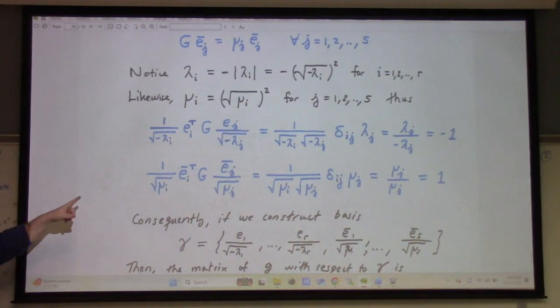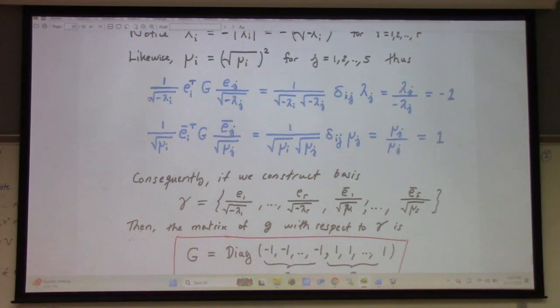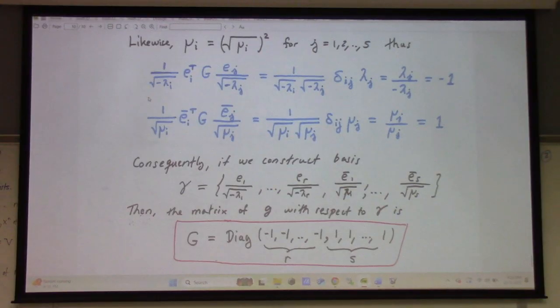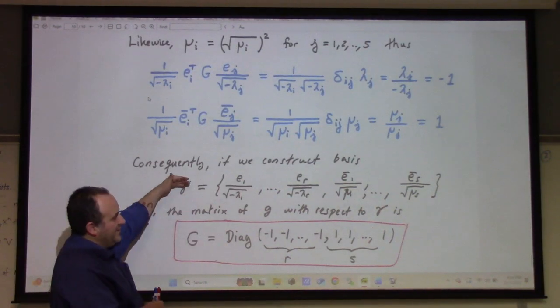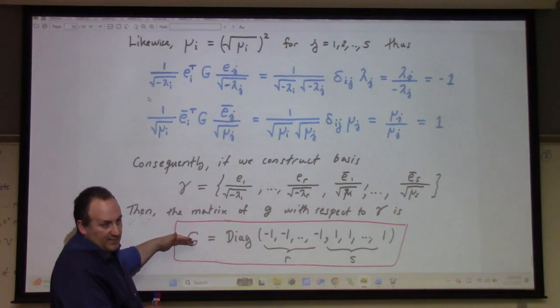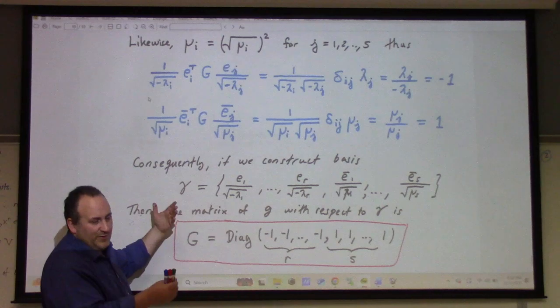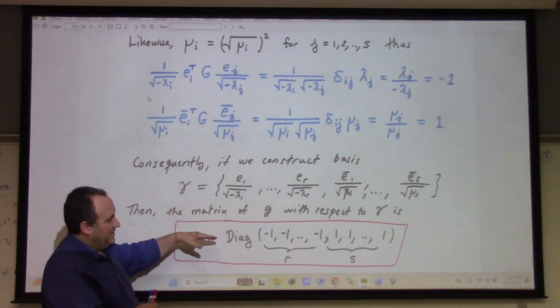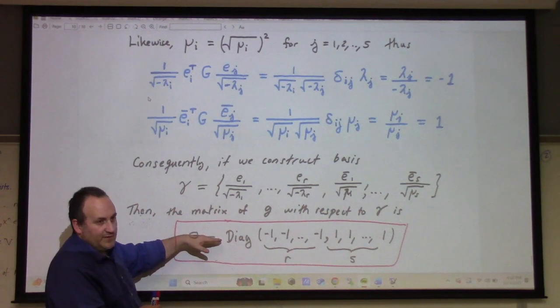So if we use that as our basis, gamma, basically take your eigenbasis and rescale it by the appropriate square roots, then all of a sudden you've got a basis where the metric is diagonalized. But not just diagonalized. I mean, we know we could diagonalize it. It's symmetric. It's diagonal with either minus 1s or 1s on the diagonal.